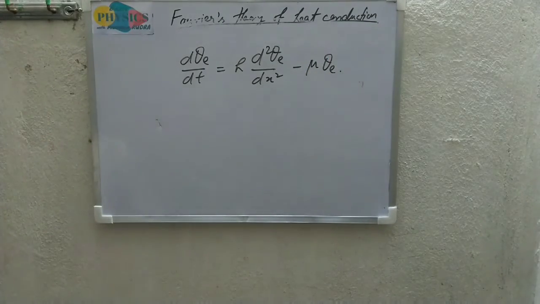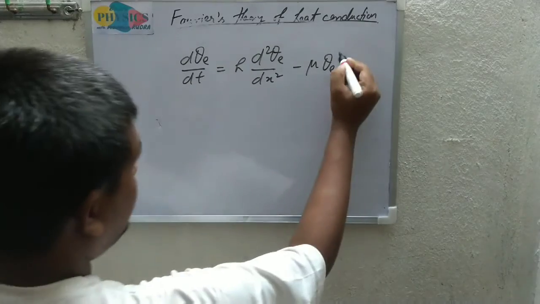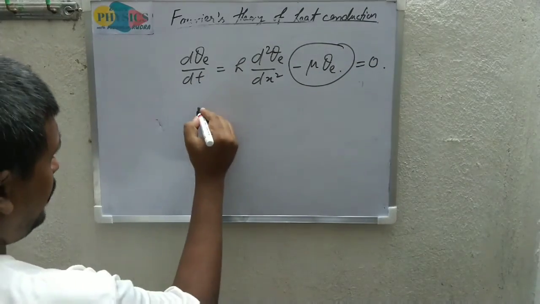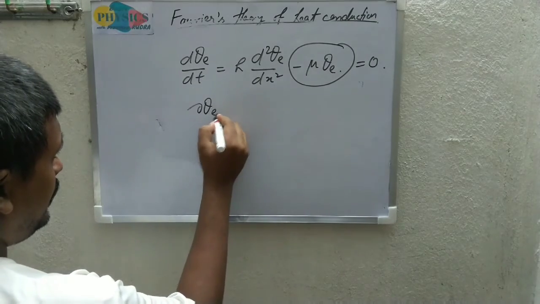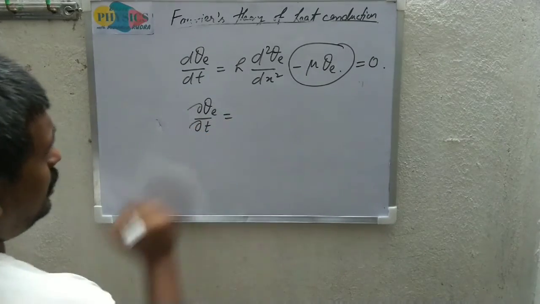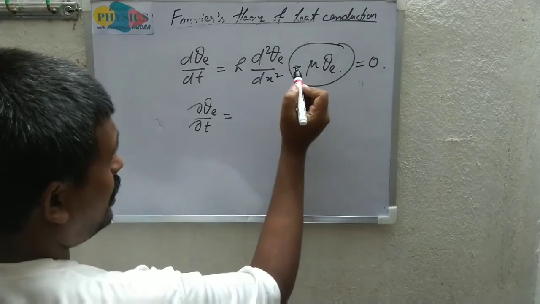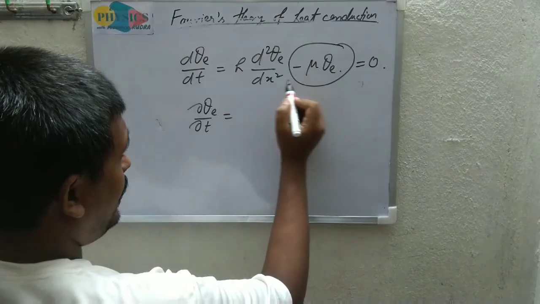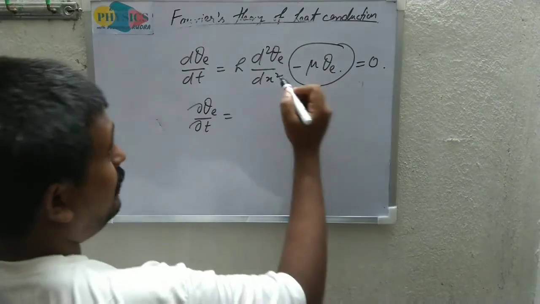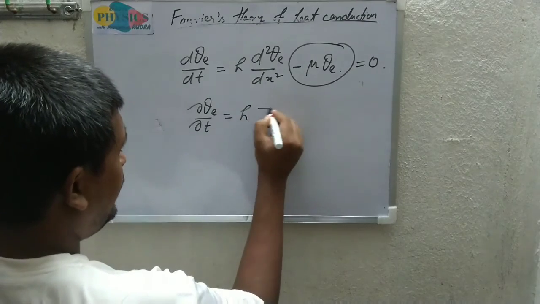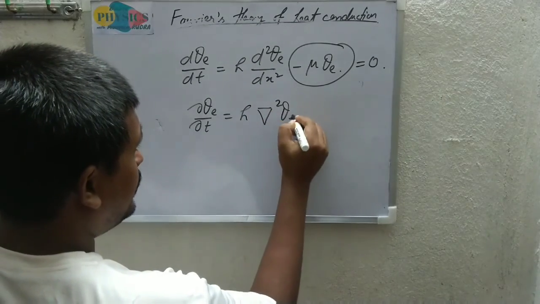For three-dimensional heat flow with no radiation, the last term will be 0, and it becomes del theta e by dt equal to h into d2 theta e by dx2 plus d2 theta e by dy2 plus d2 theta e by dz2, for the x, y, z directions. So we can write del 2 theta e.